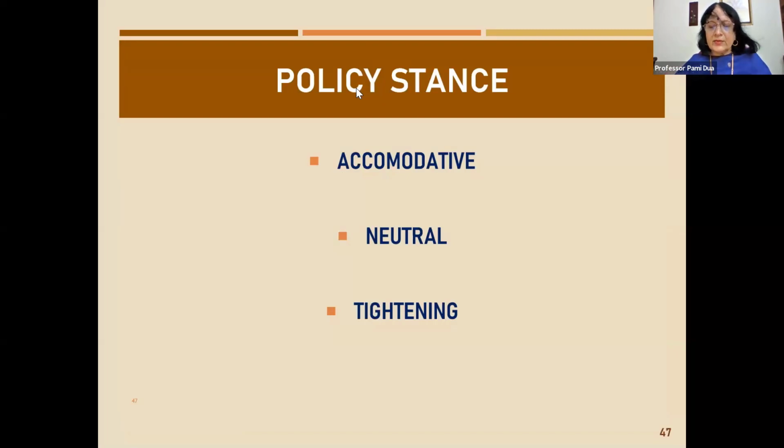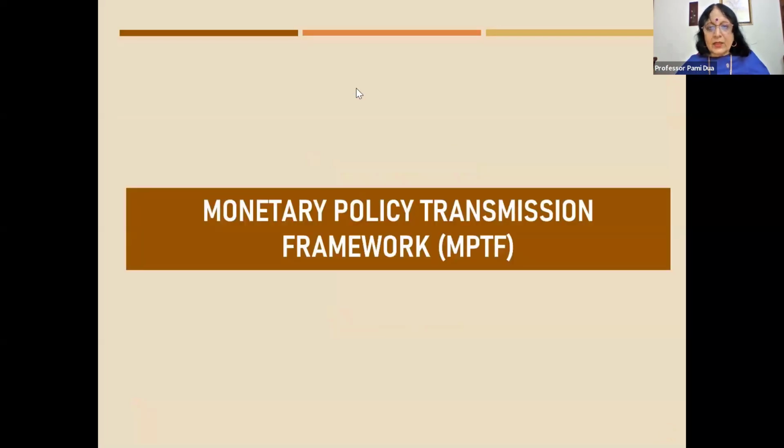So it gives me flexibility to do whatever I like. And if my stance is tightening, it means that I can keep interest rates constant or I can increase interest rates. So we had to vote on the direction of change, the quantum of change, and what is my stance going forward. So this was quite complex.